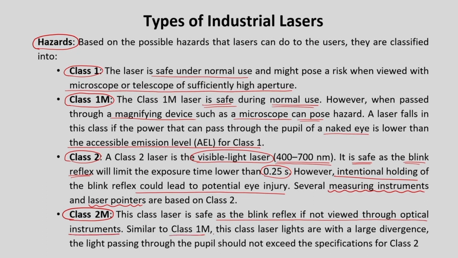Similar to class 1M, these class laser lights are with a large divergence. The light passing through the pupil should not exceed the specifications for class 2. So, this is also to be taken care of during operation with our natural blink reflex.